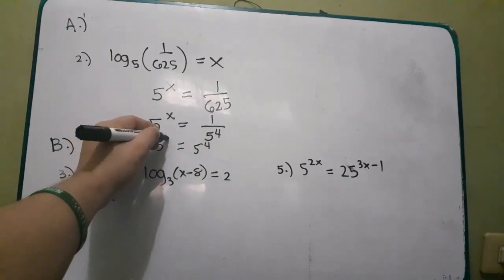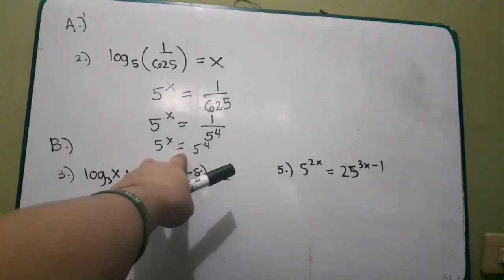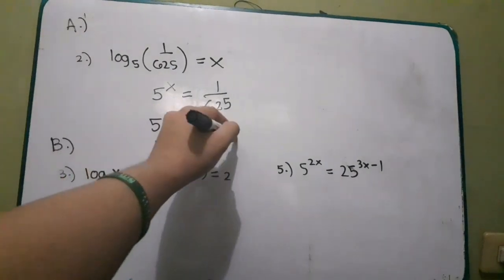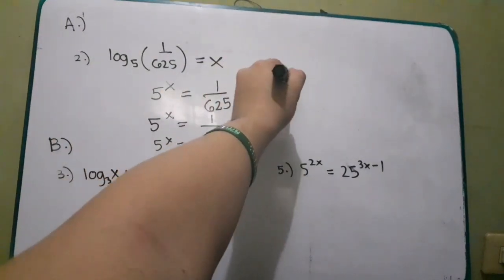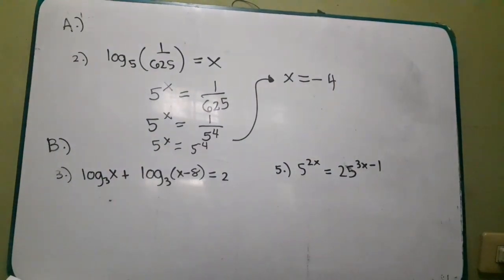So 5 to the power of x. Since they have the same base and are equal, their exponents are also equal. So the final answer would be x is equal to negative 4.